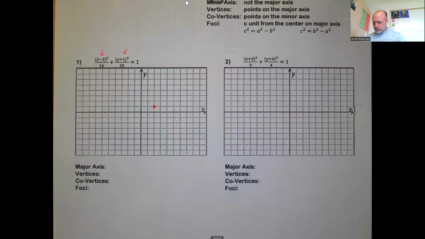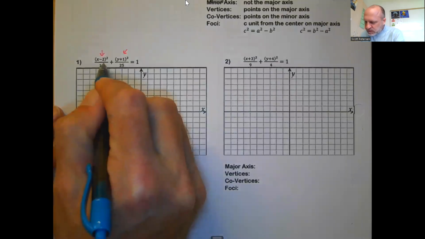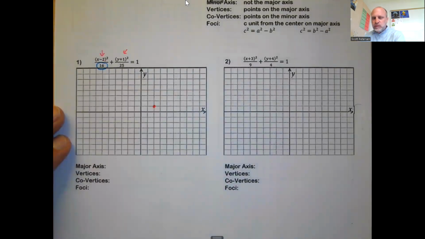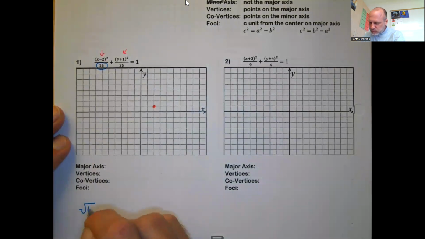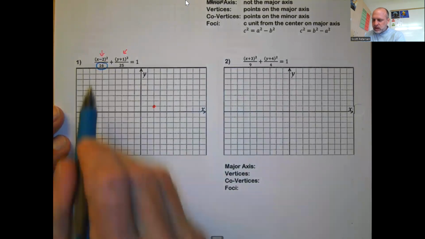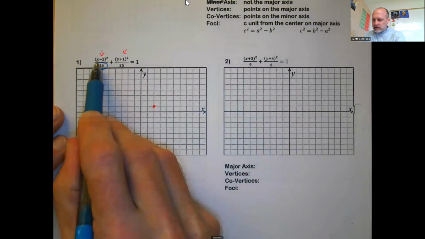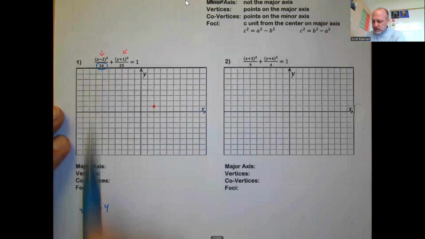Now, our second step is we're going to look at this value right here. What we're going to do is take 16 and take the square root of it to give us 4. Now, this 4 is going to tell us how far to travel on the x-axis. So our x-axis, because it's underneath the x, is going to be 4.